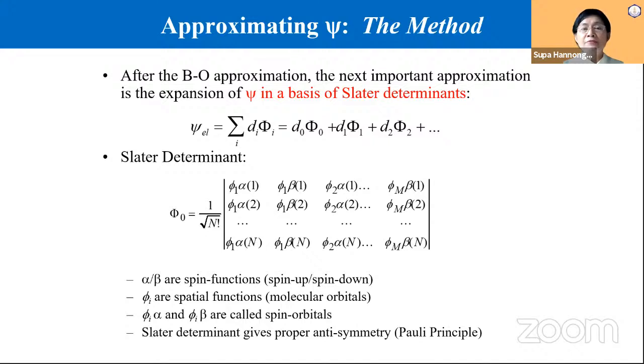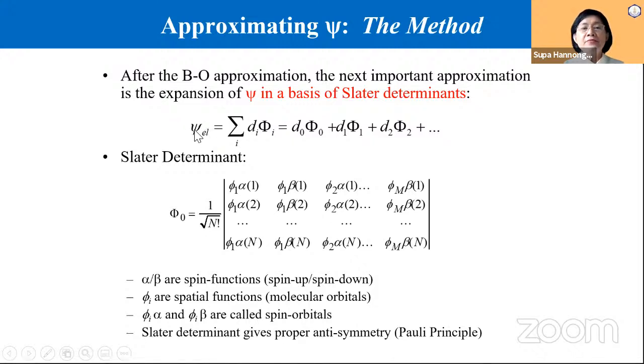But if we have so many electrons in the molecules, we need to generate the mathematical terms for the basis function. And this way, the Slater determinant is helpful to construct the wave function of the system.